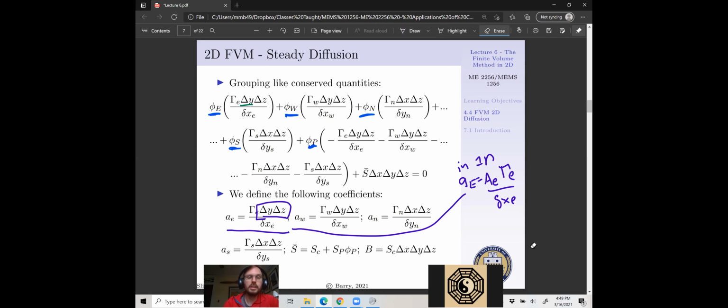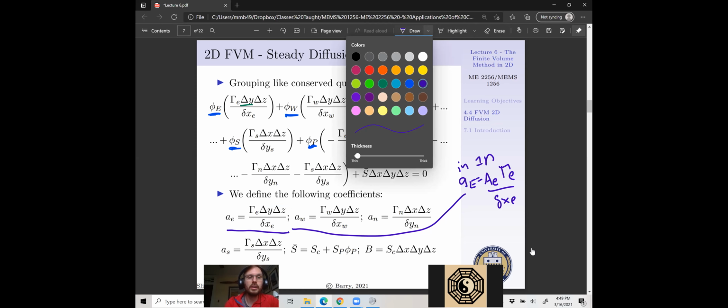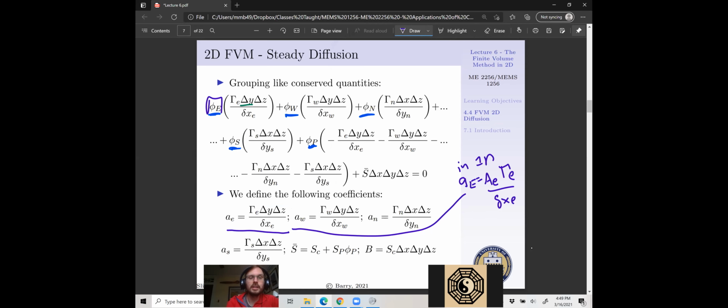So what we see is our coefficient to our conserved quantity, phi of east, which we define here as A east, is really no different than what we did for our one-dimensional case. We just re-expressed our area as opposed to tacking on as a single term.